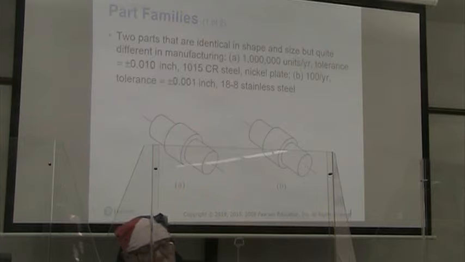Part B, we produce 100 a year with a tolerance of plus or minus 0.001 inch out of 1880 stainless steel.